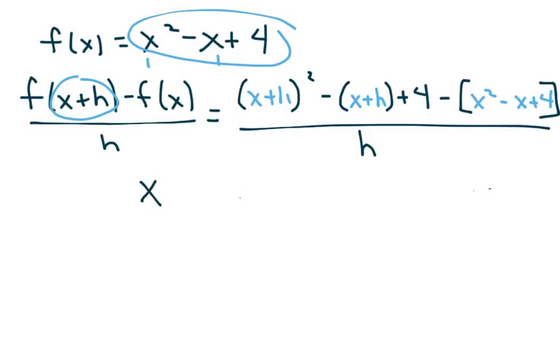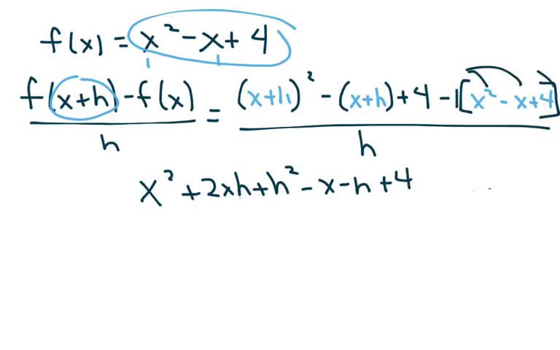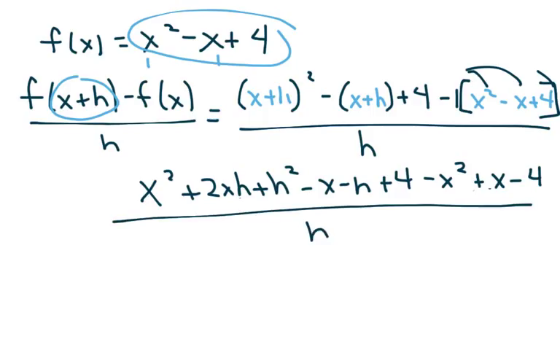Okay, so I have x squared plus 2xh plus h squared minus x minus h plus 4, and then distribute the negative, or you're multiplying everything by negative 1. So we get negative x squared plus x minus 4 all over h.